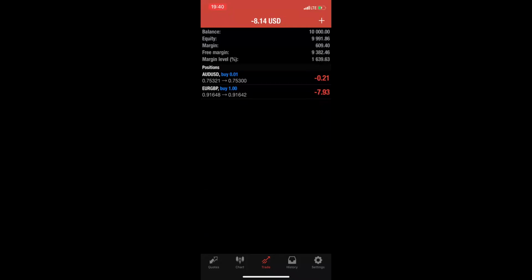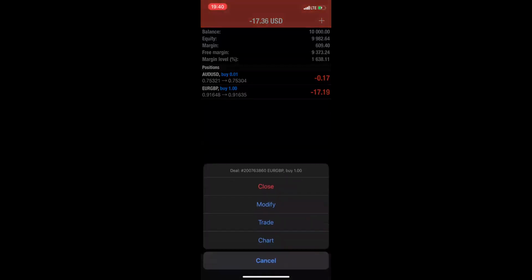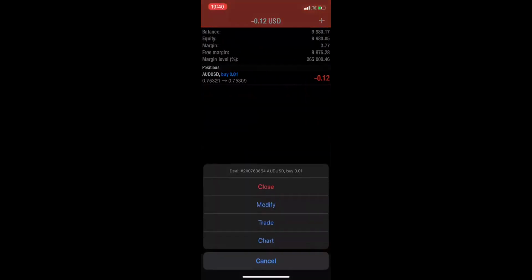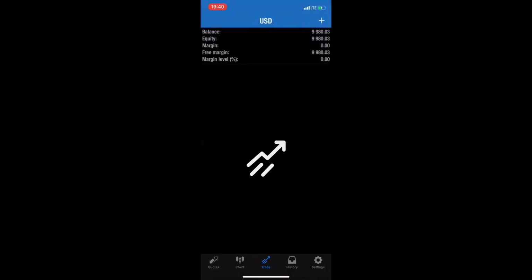But the moment it goes to probably plus $22, my equity becomes my balance plus my profit, which makes my equity bigger than my balance. But the moment I decide to close out from these two trades, guys, my equity and my balance become the same.